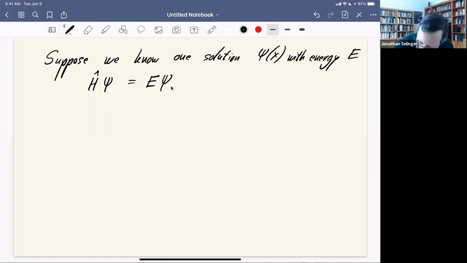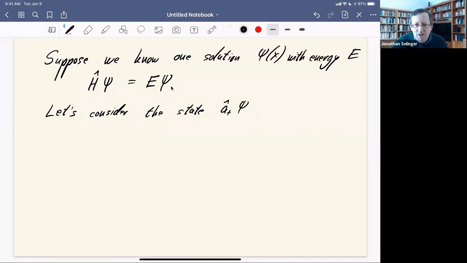Then let's consider this, the state A plus acting on psi. This is a function, right?